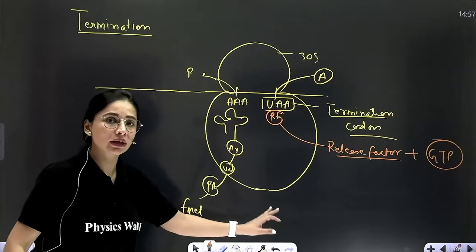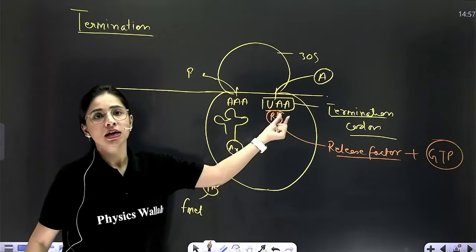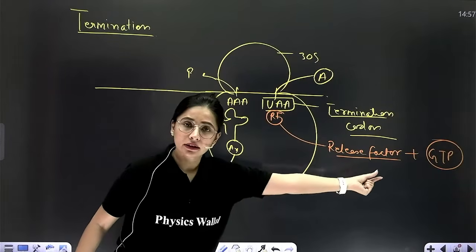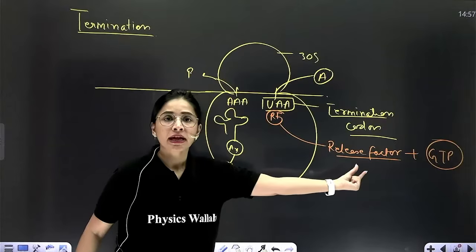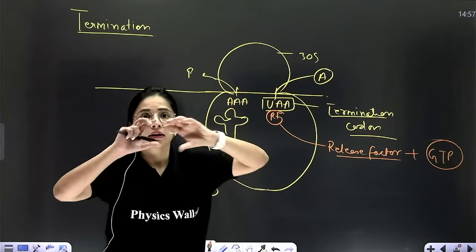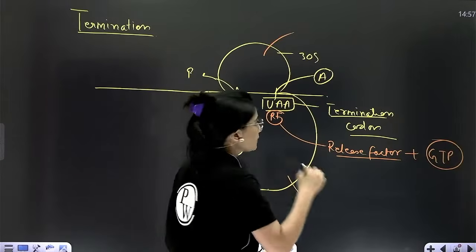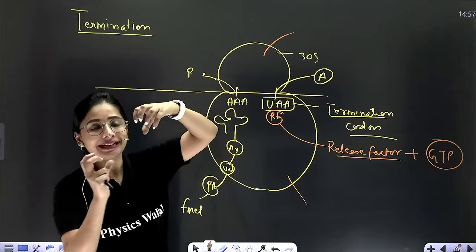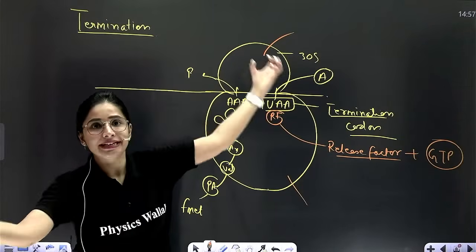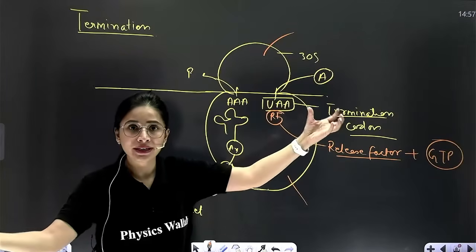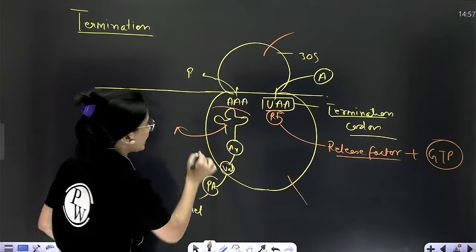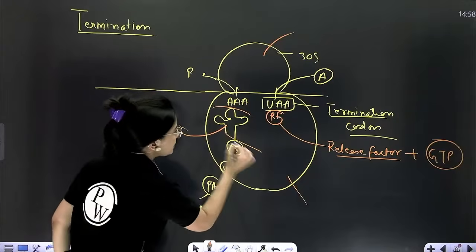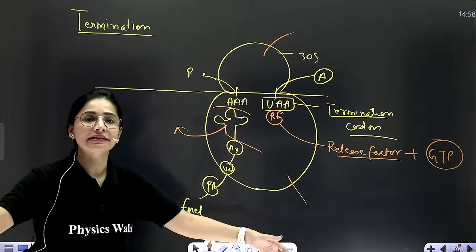As soon as the release factor binds to the final codon, the nonsense or termination codon, it utilizes one molecule of GTP and stops the process by removing the two ribosomal assemblies. The magnesium ion concentration falls, because of which the two ribosomal subunits, 30S and 50S, separate. Because the two ribosomal units separate, the tRNA also gets separated from the codon, the mRNA is set free, and later the peptide chain also breaks and sets itself free.